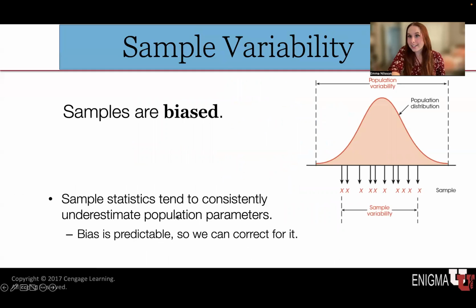When a sample's variance is calculated as smaller than the actual population's, that's called bias. And I'll show you an example of that. You can look at this graph here. The sample variability that we took from our population is just from this X value to this X value, which is smaller than the overall population's variability.